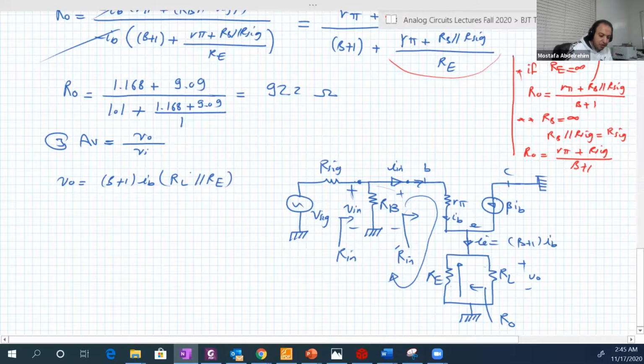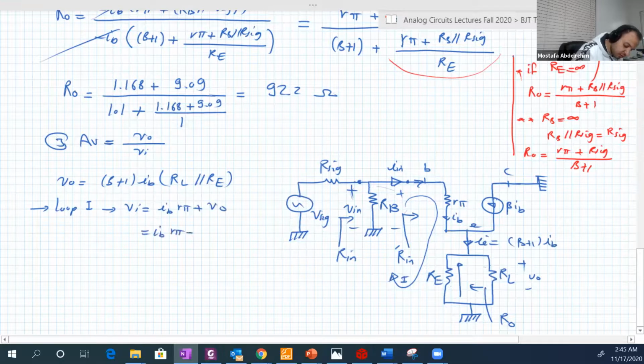For the input, from that loop, let's call it loop 1, the input is equal to IB R pi plus VO, and the VO is beta plus 1 IB RL parallel RE.